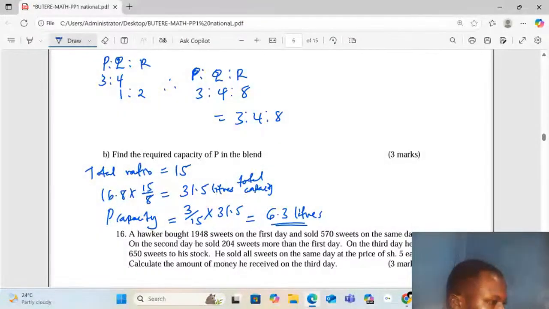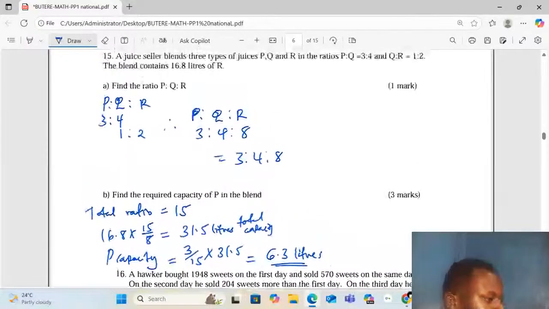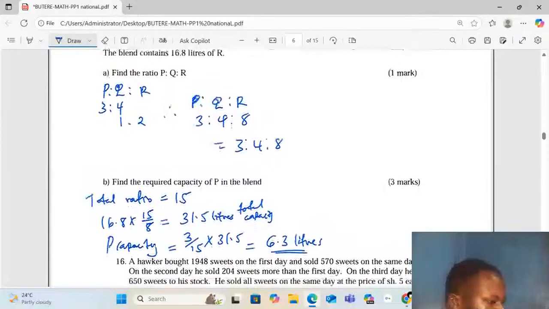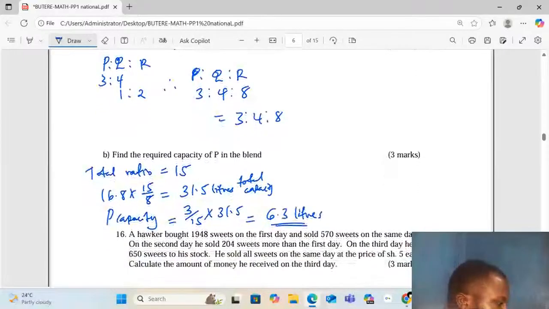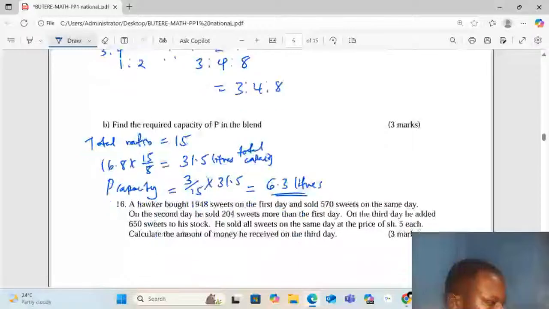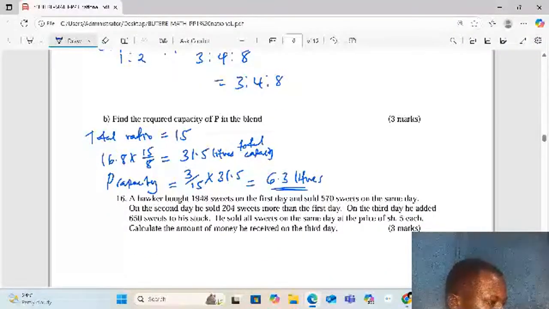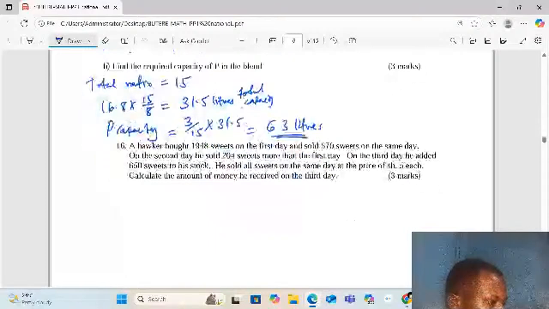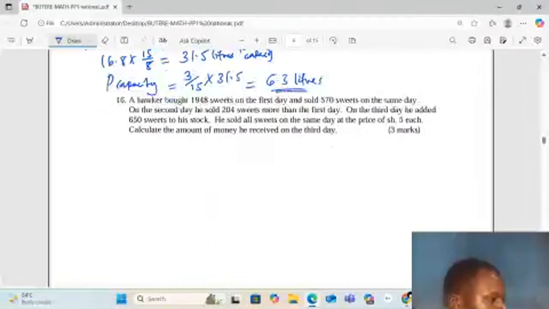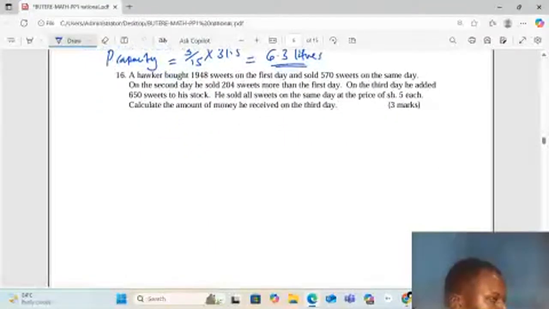So this is now the juice of P that is blended to get the amount of P in the blend of juice. Then we move to the last question.